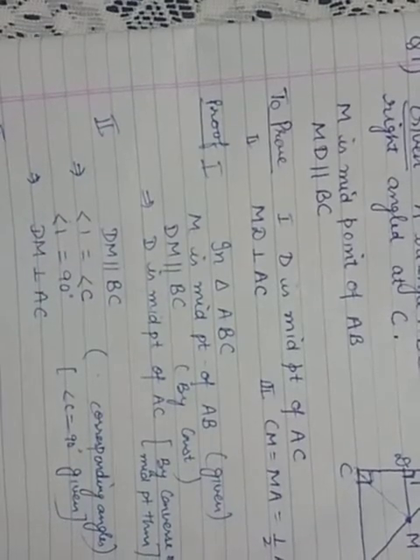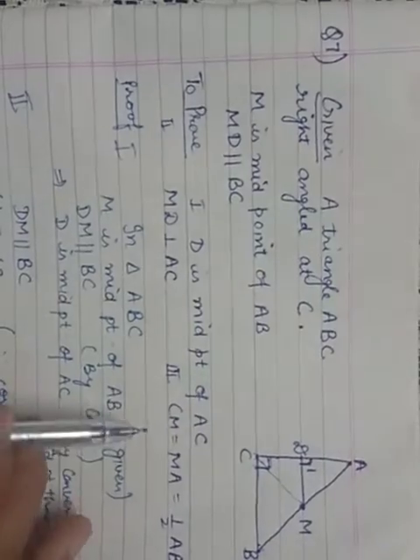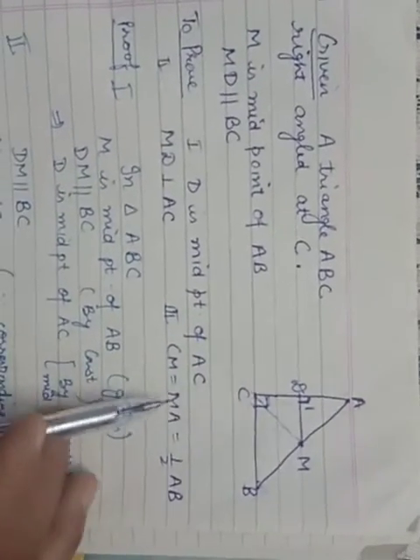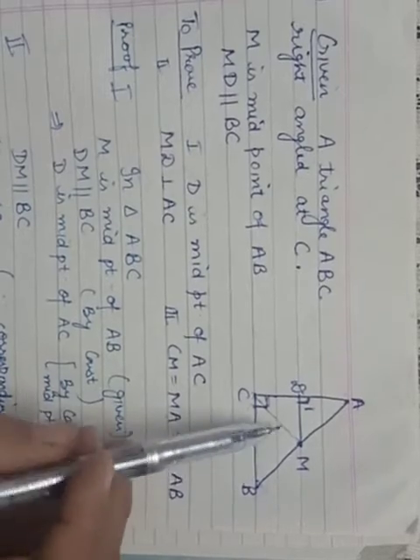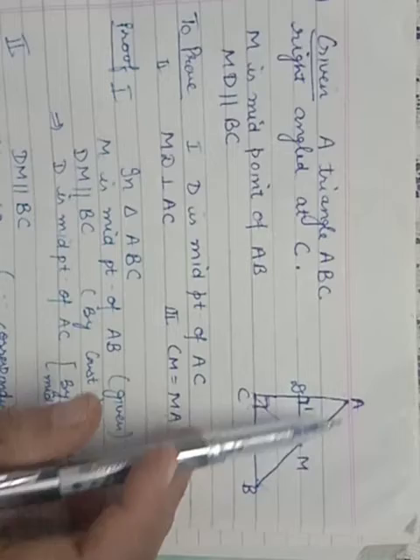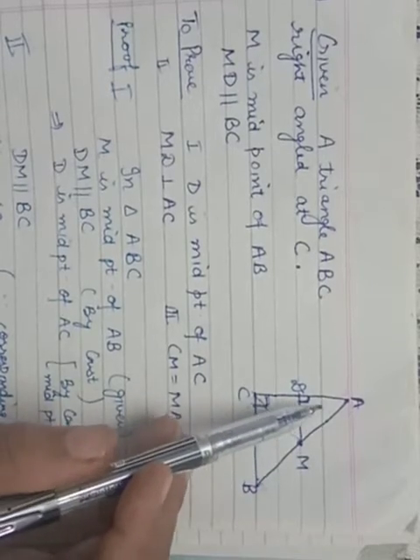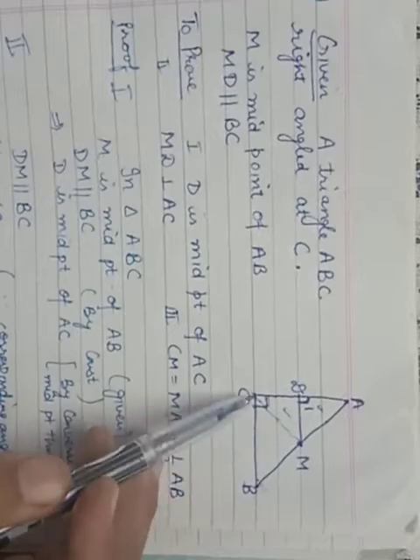Now let us prove the third part. For the third part, we have to prove, see the diagram, CM and MA are equal. For proving the third part, CM and MA are equal, we can prove it by CPCT if we take this triangle and this triangle, and in the end we take the CPCT.